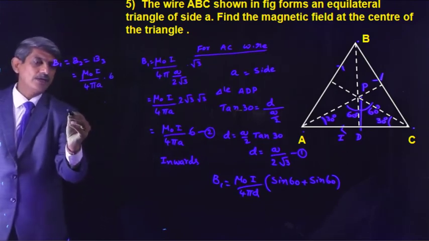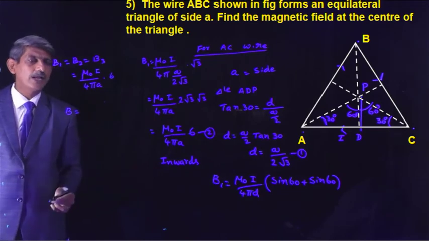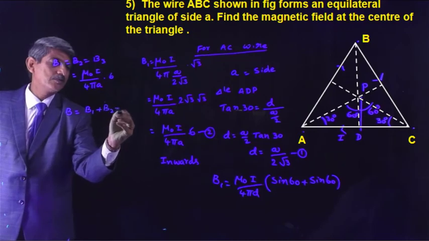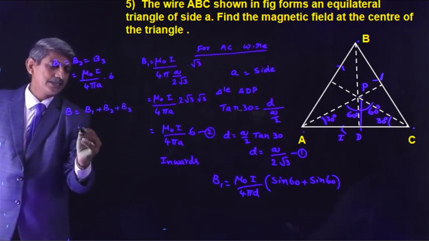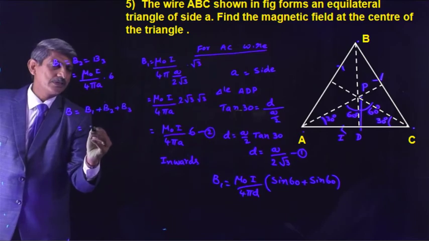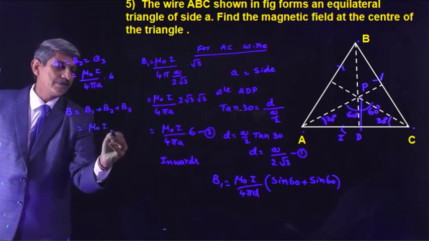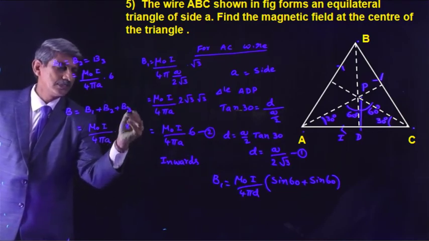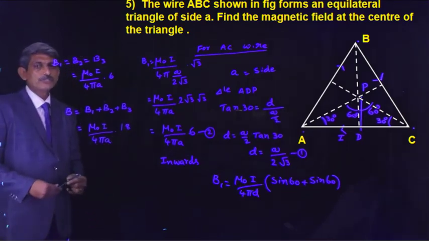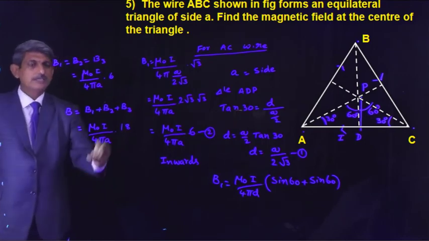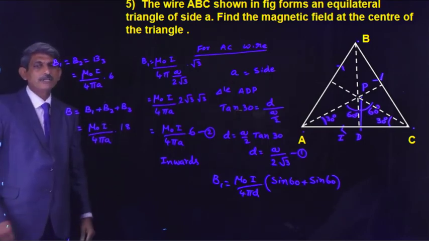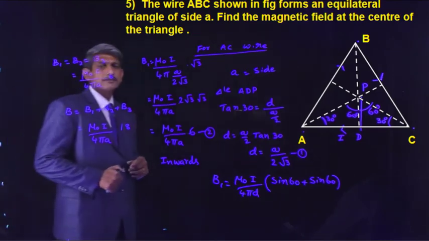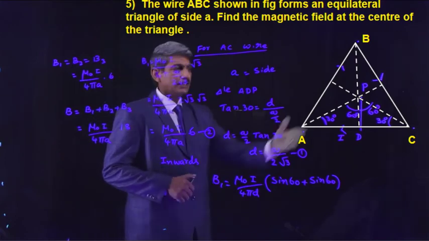So the magnetic field produced by the entire wire in the form of the triangle is given by B is equal to B1 plus B2 plus B3, that is equal to 3 times B1, that is equal to mu naught I divided by 4 pi A into 18. So using this formula, by knowing the current passing through the wire on the side of the triangle, the magnetic induction produced by the wire in the form of the equilateral triangle can also be determined.